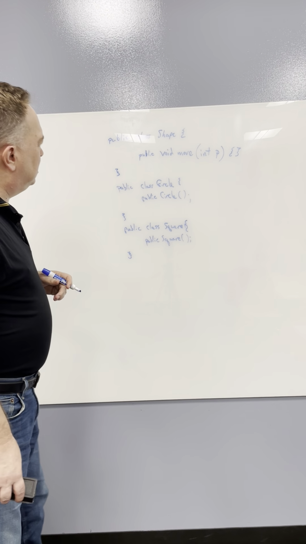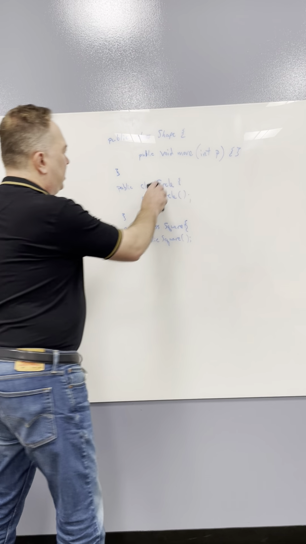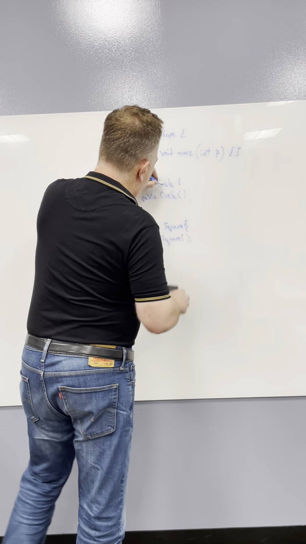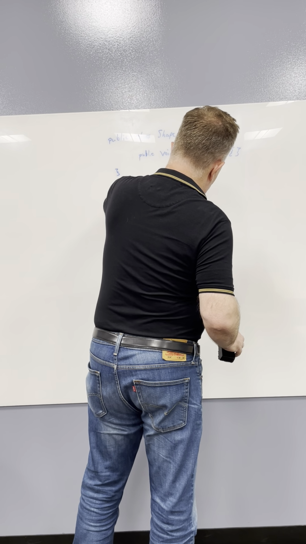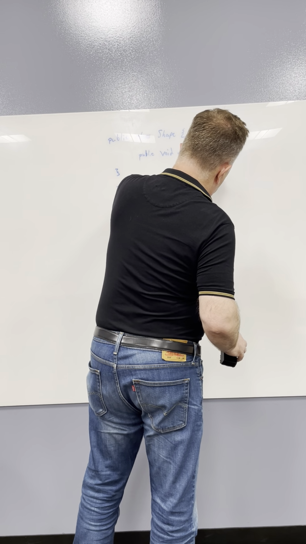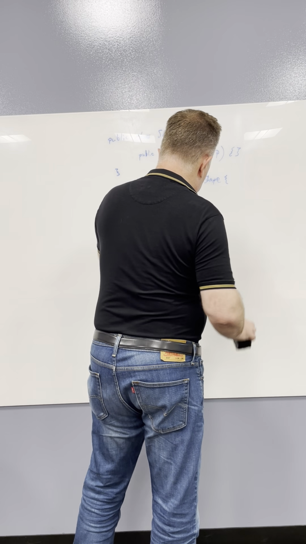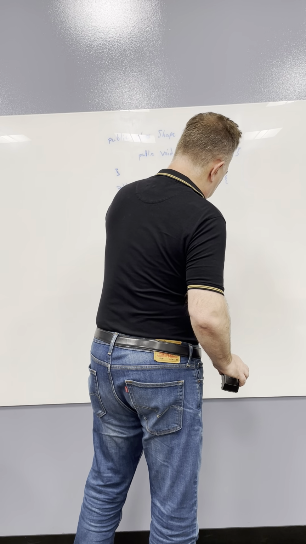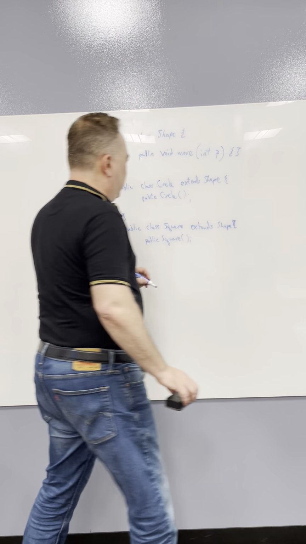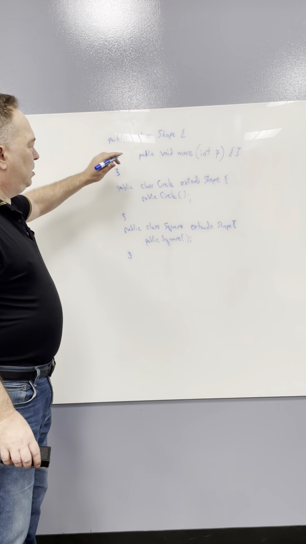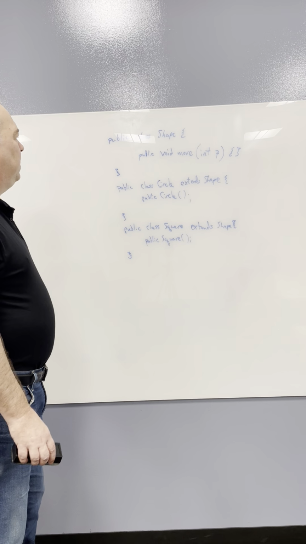So it's something that takes many forms. So here I've defined two children of shape. Oops, no I didn't, sorry. Extends shape. That's important. There you go. Okay, so two children of shape.